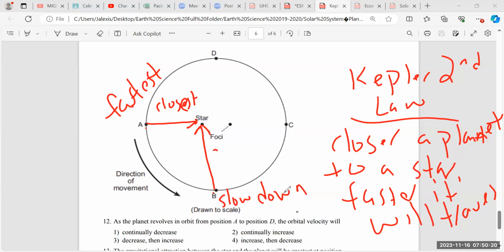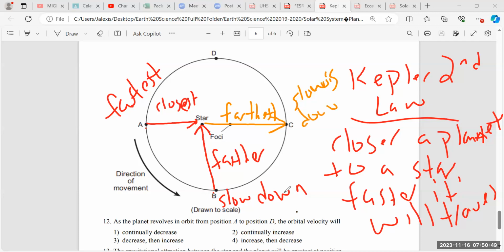Because it's farther. Then when it travels to C, is the distance even longer compared to B? Yes, it is. So that means that when it's at C, it's now the farthest, which means that it slows down even more.